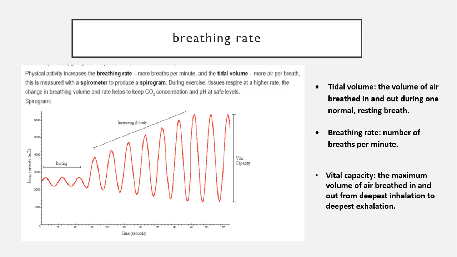Lung capacity means how much air the lung can contain. This is what is meant by capacity. Since it is rate, it is measured over time by a device called the spirometer, and the diagram shown by the spirometer is called the spirogram.